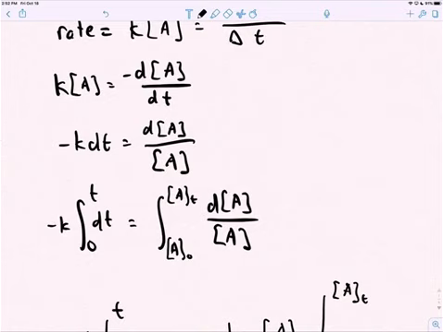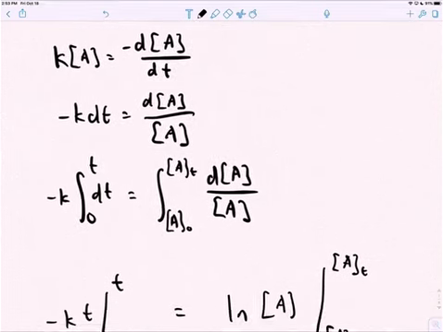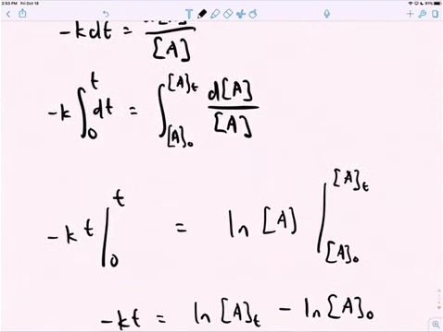A0, sometimes you hear it as A naught. That's kind of British for zero, all for naught, all for zero. So at the initial time to some time t, this is just the constant for the dt, and for the inverse, the dx over x, this is the natural log.